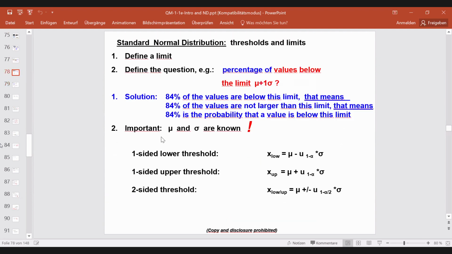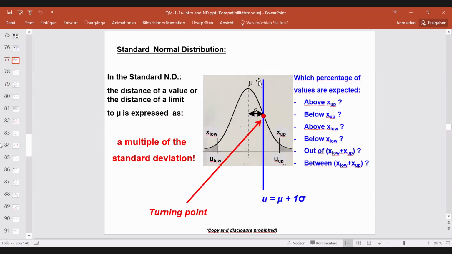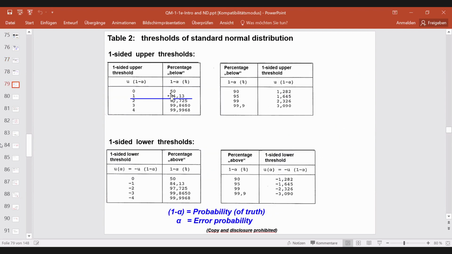This is this example here, below this limit. Again, back here. This is the percentage which is on the left of the blue line. All the measurements are smaller than the blue line, and the blue line has the value mu plus 1 sigma. So you go into this table and read 84.13%.